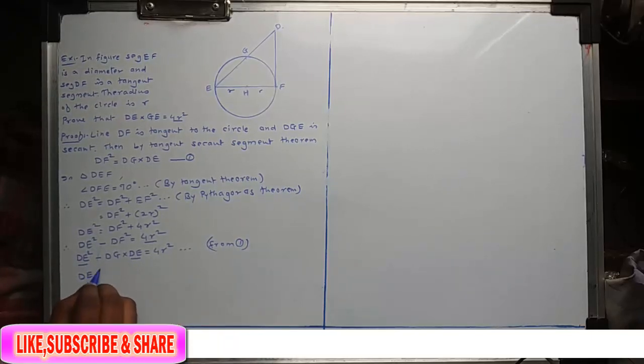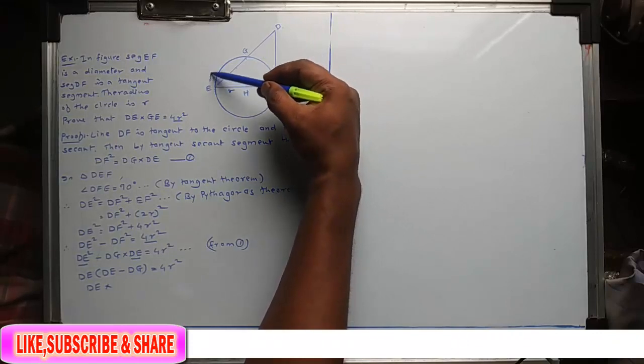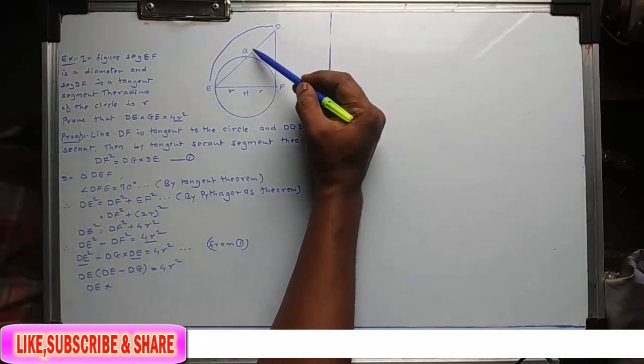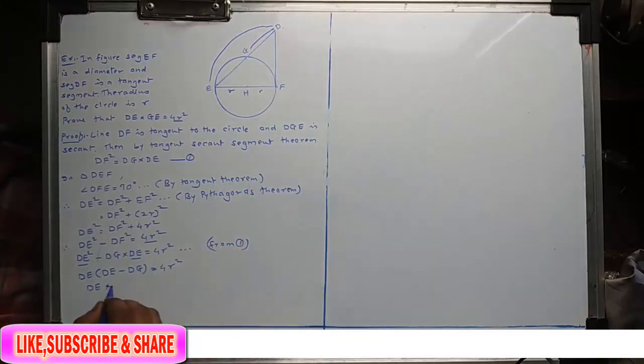So DE is common, into bracket DE minus DG is equal to 4R square. So it will be DE into, now DE minus DG, this DE means this whole minus this DG, so you will get GE. Okay, so it will be DE into GE is equal to 4R square, and that equation we have to prove.